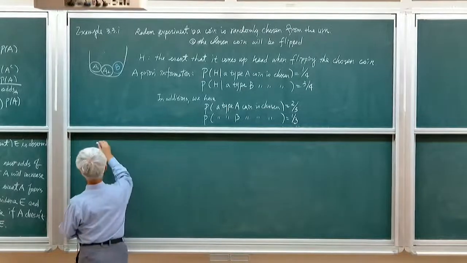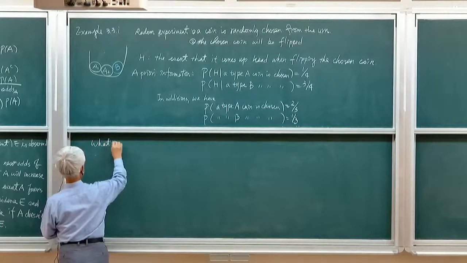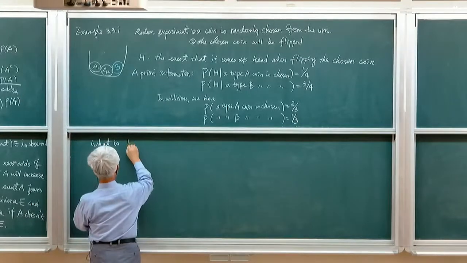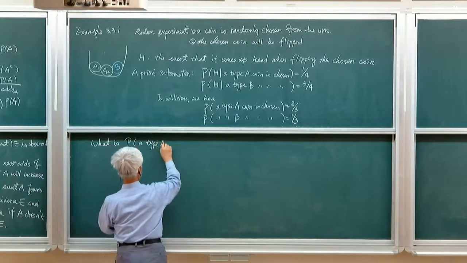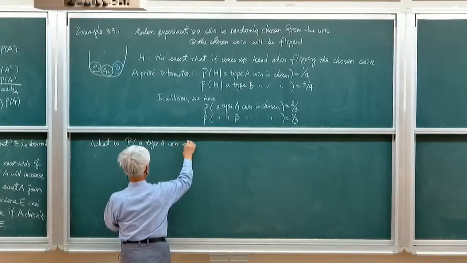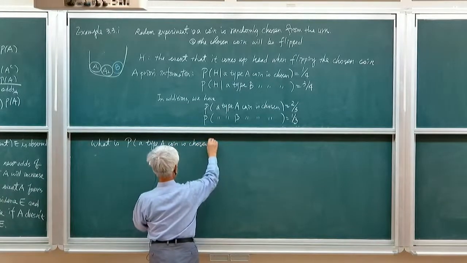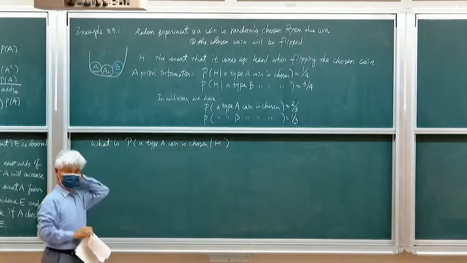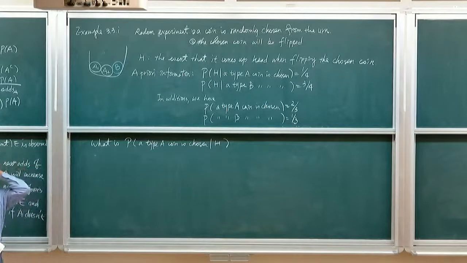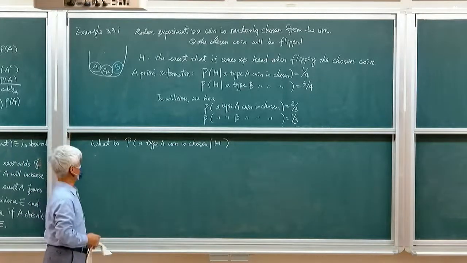So now we want to know what is the probability that a type A coin is chosen given that a head comes up when we flip the chosen coin.